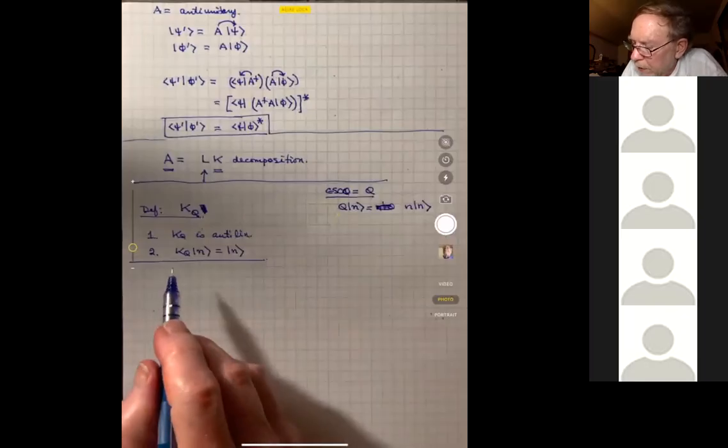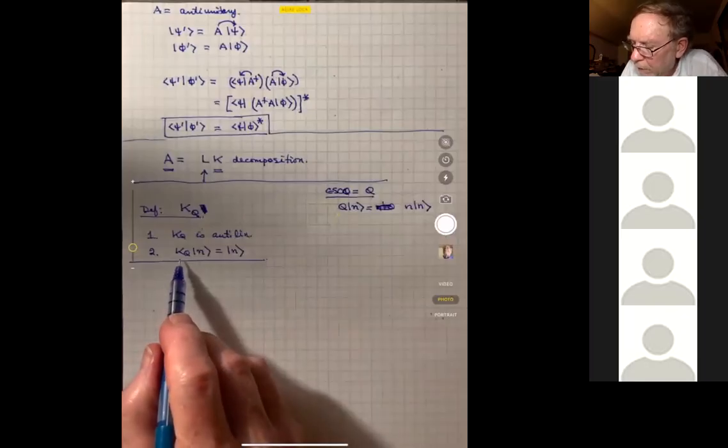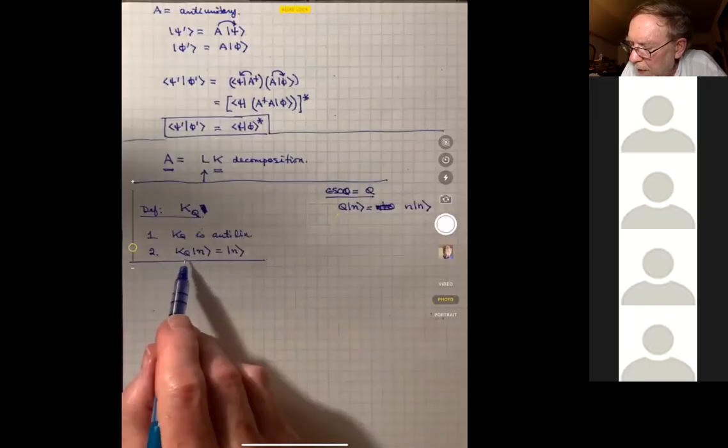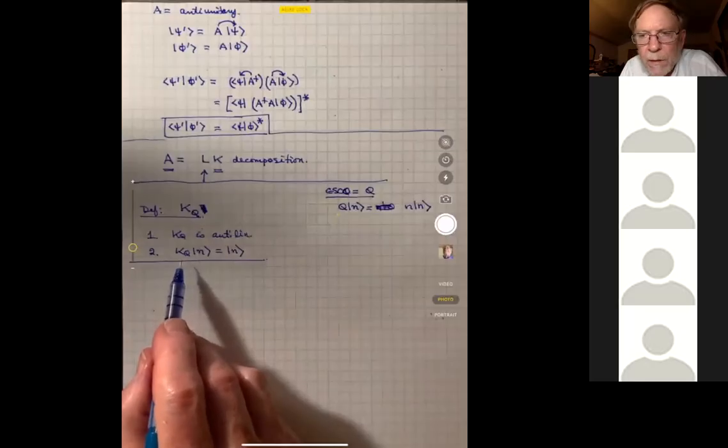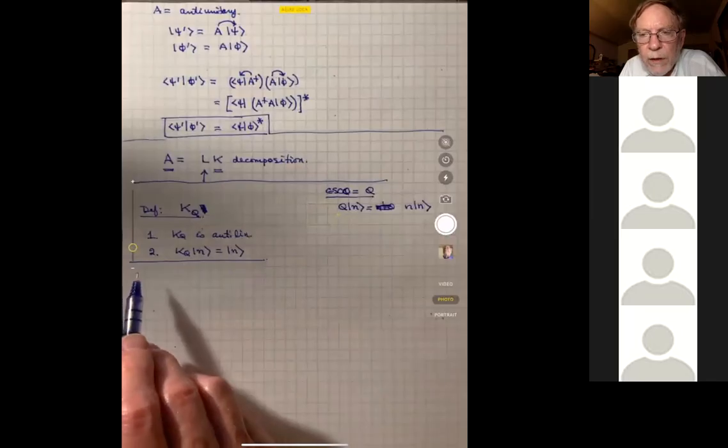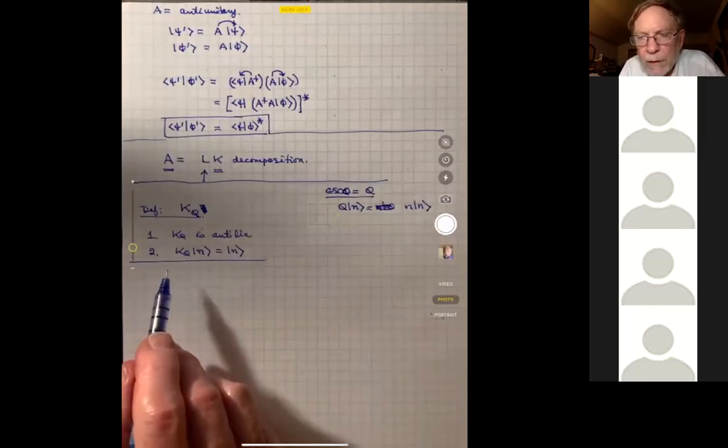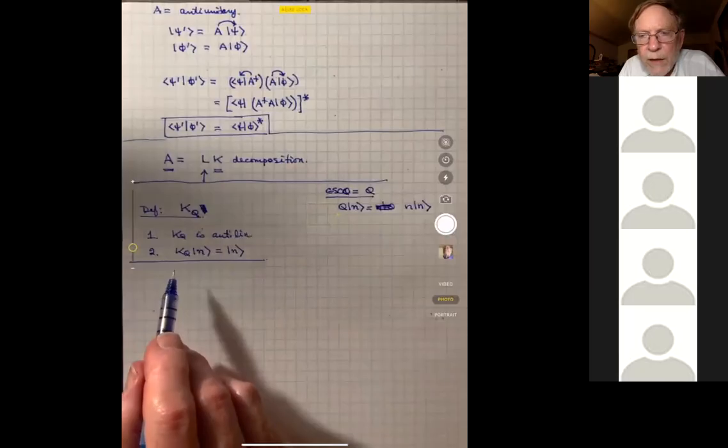Now let's notice that if K_Q were a linear operator, the second equation here would imply that K_Q is the identity because it maps every basis state into itself and therefore any linear combination into itself. However, the identity operator is a linear operator and K_Q is antilinear. So not only is K_Q not equal to the identity, in fact, it wouldn't even make any sense if you wrote that equation down. It's a meaningless equation.